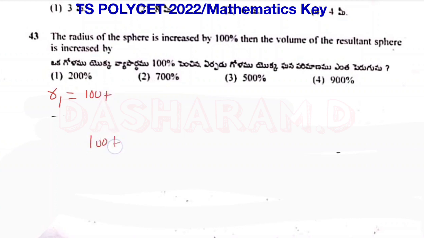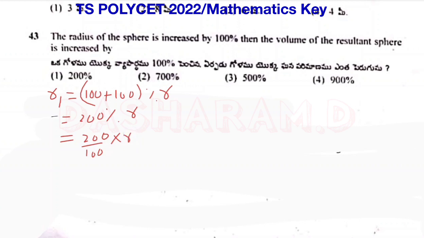Generally when the percentage is increased, it means 100 plus a percentage, where a means how much percentage increased. So 100 plus 100 percentage of the original radius, then overall 200 percentage of r. Convert the percentage into fraction form, 200 by 100, it equals 2r. So that means the new radius will be equal to 2 times the original radius.